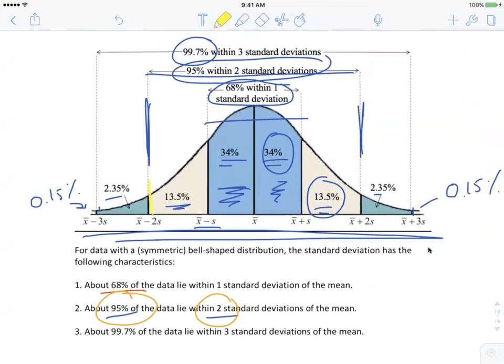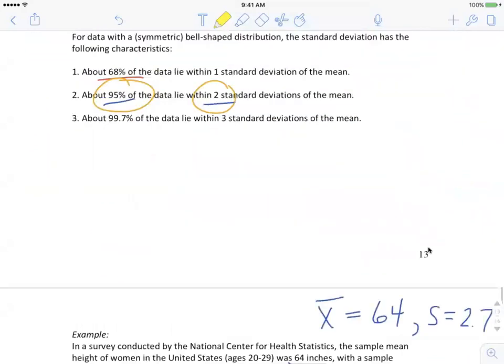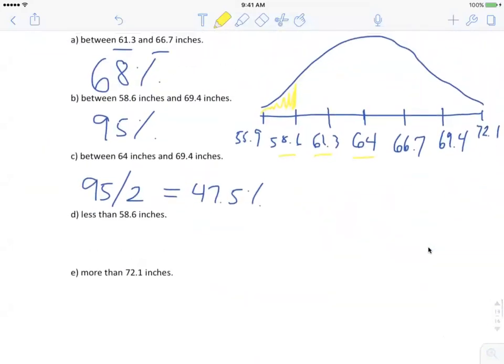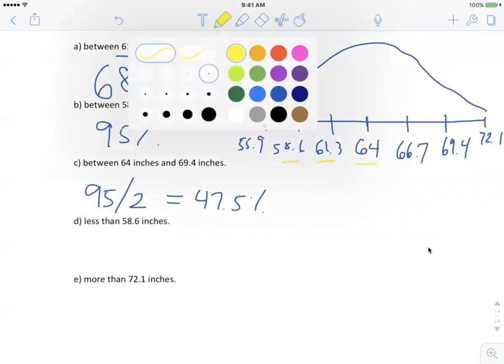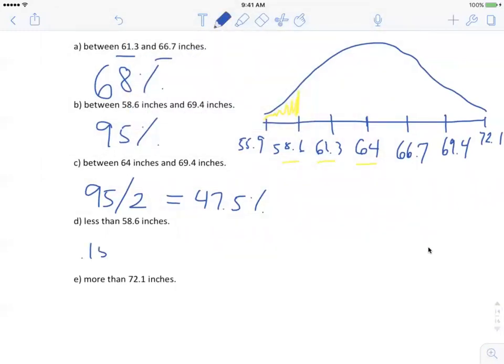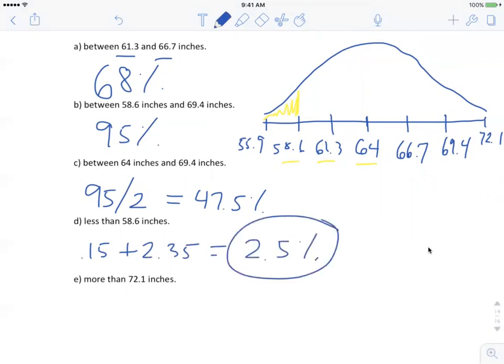So it's really this area right here that I'm talking about. That's adding 2 areas, 0.15 and 2.35. That's how I could do that one. 0.15 plus 2.35 is 2.5%. That was the final answer. I should circle my answers.